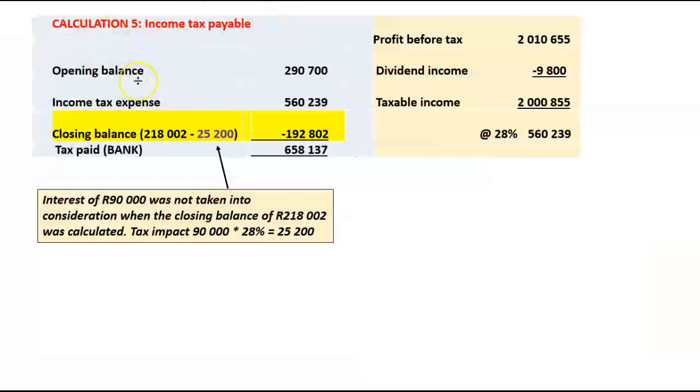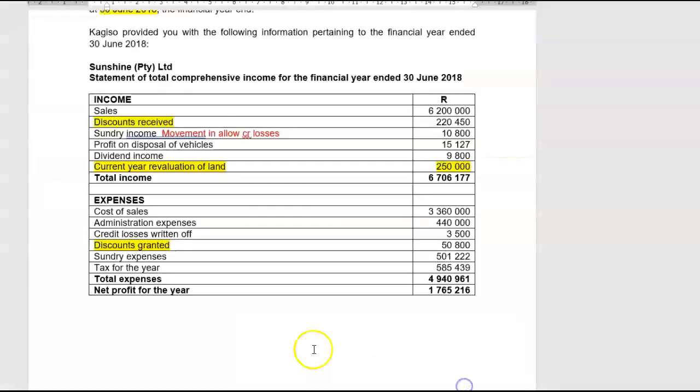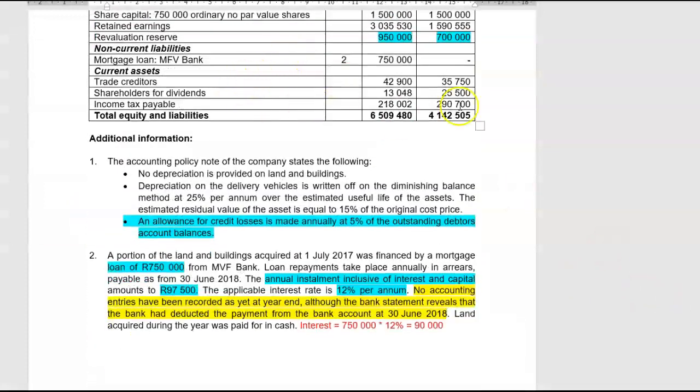I want us to look at income tax though. Now, the opening balance of income tax, they gave it to us. They said to us that income tax payable is 290,700, and there's our closing balance of 218,002.